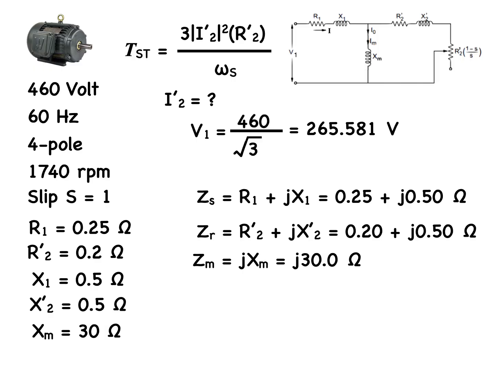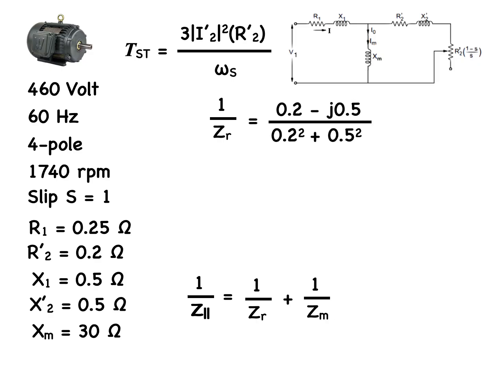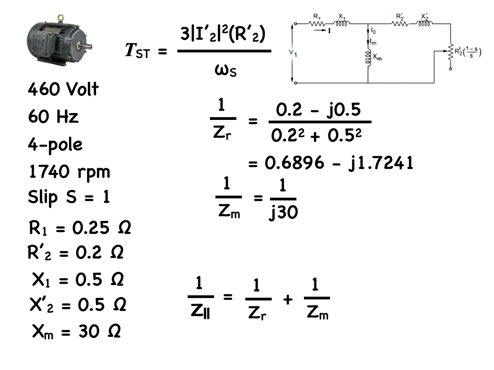Combining the rotor and magnetizing branches in parallel provides us with this equation. 1 over Z parallel is equal to 1 over ZR plus 1 over ZM. 1 over ZR in real terms is equal to 0.2 minus j0.5 all over 0.2 squared plus 0.5 squared, which reduces to 0.689655 minus j1.724138. 1 over ZM, which is equal to 1 over j30, is equal to minus j0.3333.